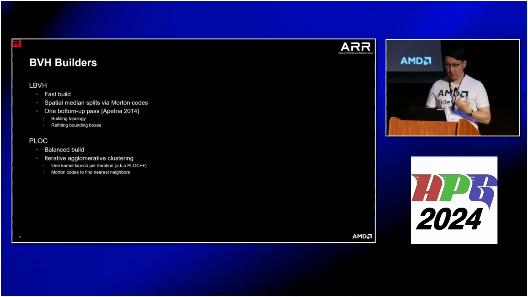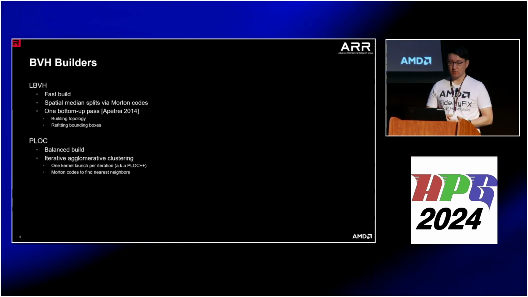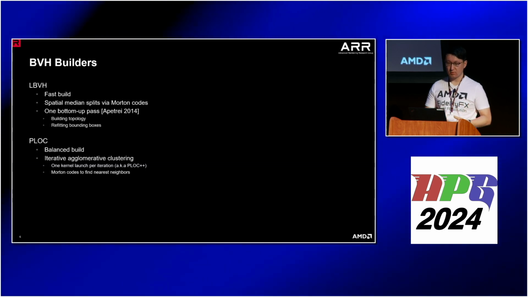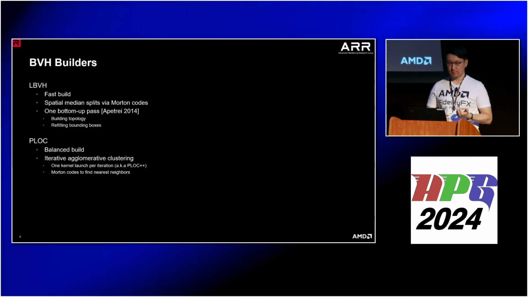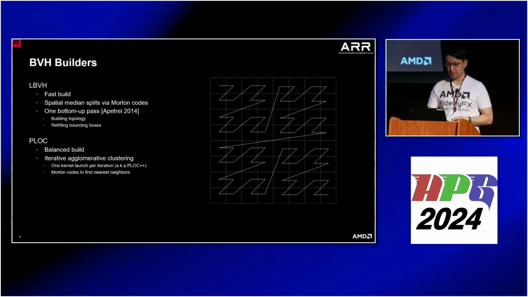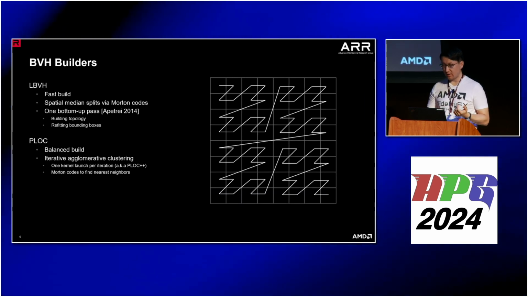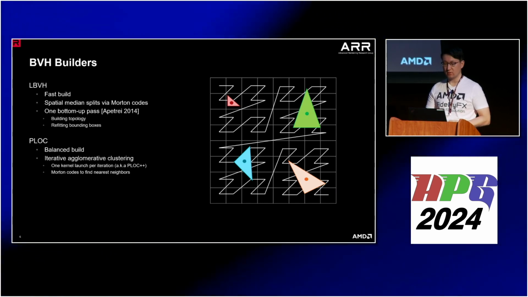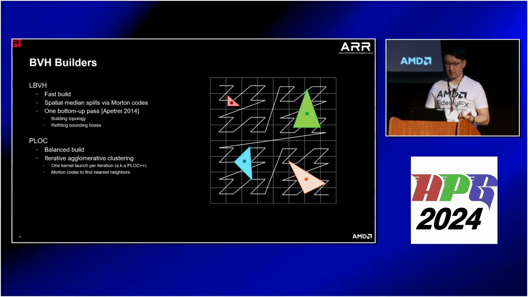So as I mentioned, as a core acceleration data structure, we use BVH. We have three quality options, like fast build, balanced build, and on the next slide, high quality build. Fast build is implemented as LBVH, a very fast construction algorithm based on sorting geometric primitives along the Morton curve.